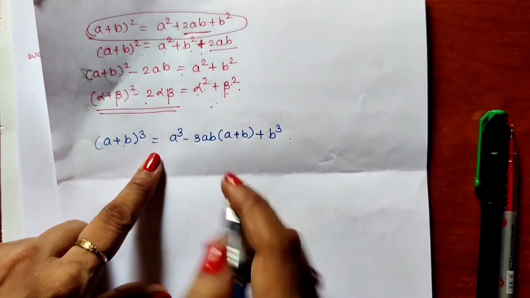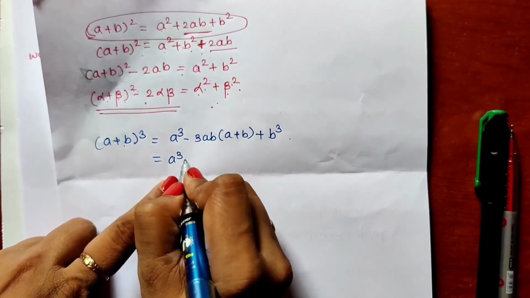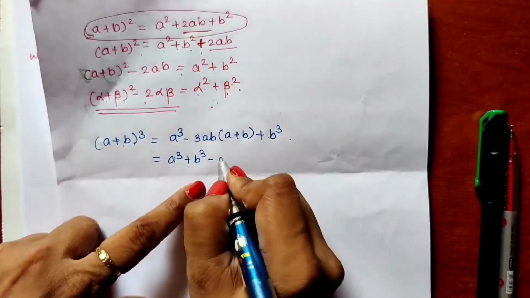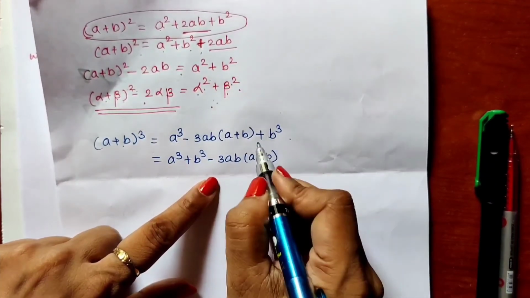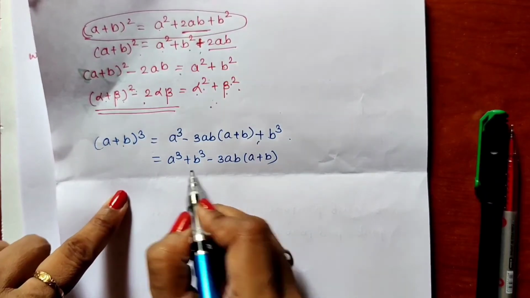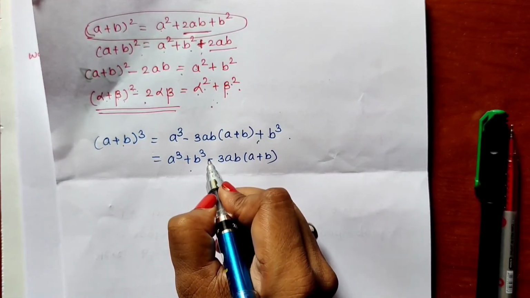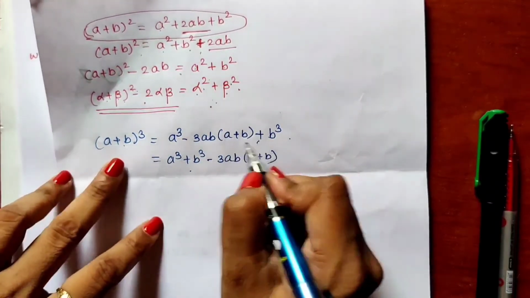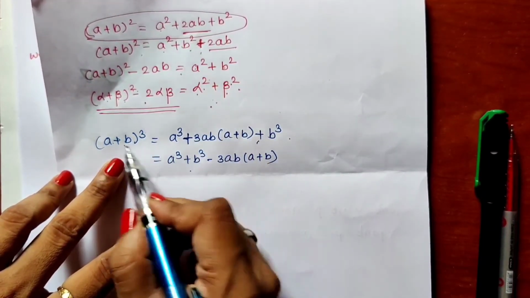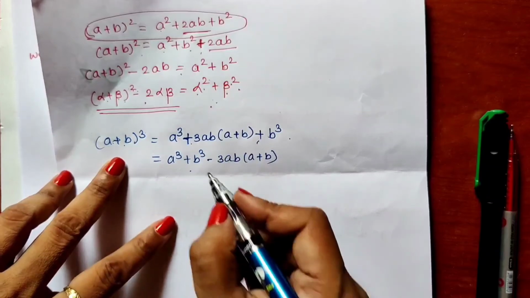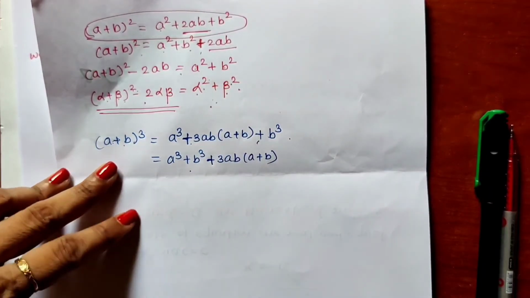Okay, so it means what? A cube plus b cube plus 3ab, a plus b in bracket. This plus b cube I have written here. Because it is plus, all the signs will be plus. Okay, a plus b cube means all signs will be plus. If it is minus, then this sign will be minus. So here it is plus.